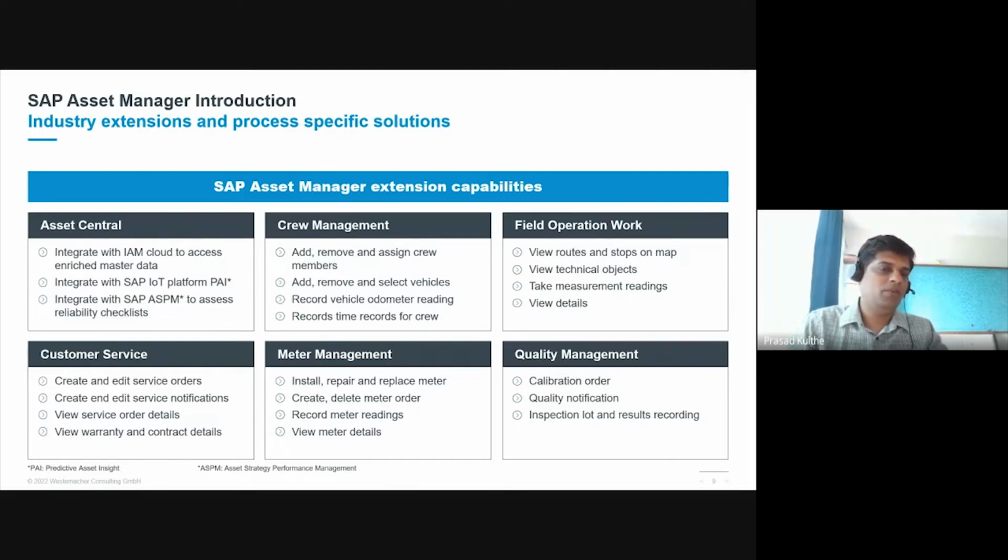As I said before, it's a cloud solution where you can access the IoT platform provided by the Predictive Asset Insights component of IAM, or ASPM, the Asset Strategy and Performance Management module, where we define the reliability checklist or reliability assessment. All this assessment and predictive analytics we can access on your mobile device using SAP Asset Manager.